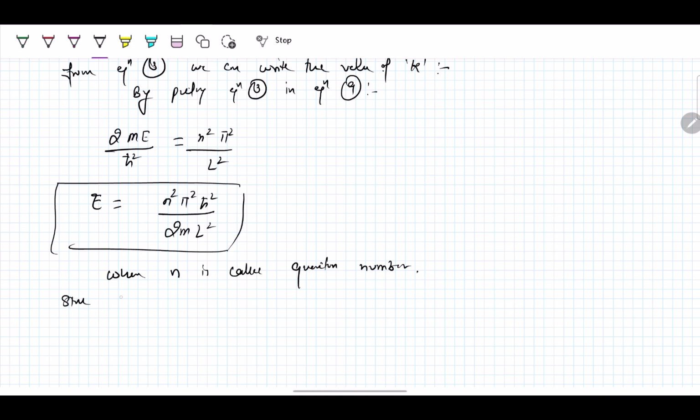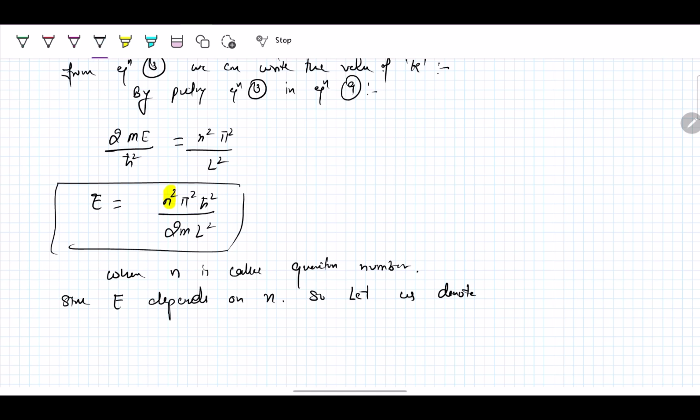Since E depends on the value of n, we can denote it accordingly.